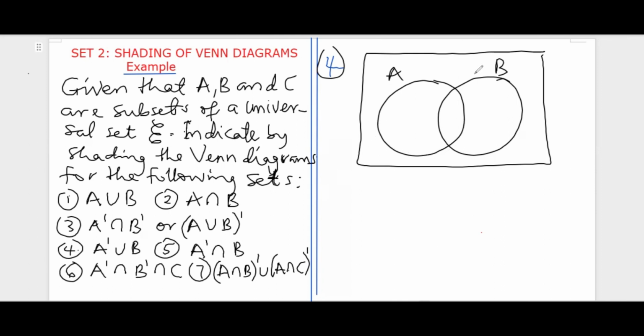So A complement union B means adding this B to the complement of A. This part of B, where we have B only, is already part of the complement of A, which is outside A. We are asked to add it with B, meaning that apart from A, every other thing, including B. There's only A that will be excluded.